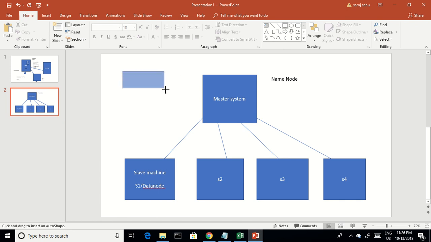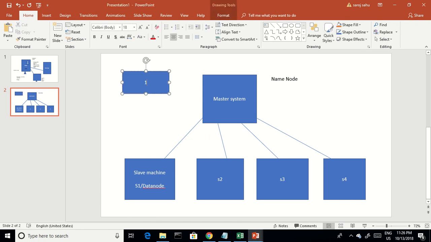For example, I'll take one file whose size is 100 MB. I want to store this data into the Hadoop file system or Hadoop cluster, and I want to process the data to get some business meaningful information.